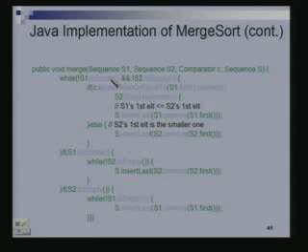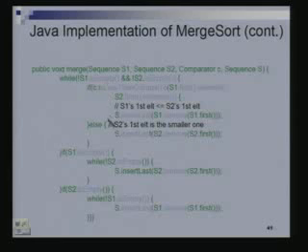You should add the smaller, which is S1's first element. So you remove the first element of S1 from S1 and insert it into S. That's the only thing you are doing in this statement.